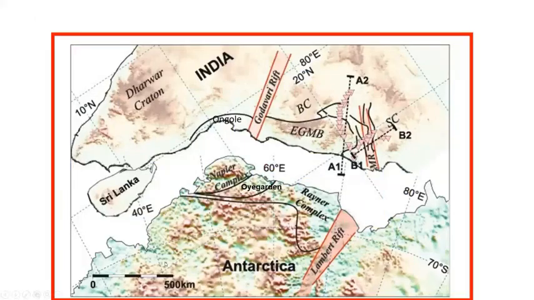Ongole, then this Visakhapatnam side, this part, they come to the Vestfold part. The northern part of Eastern Ghats, western part, they come to the Rayner complex. So this type of curvature in the Eastern Ghat combined with the Rayner complex, that is a single mobile belt now.